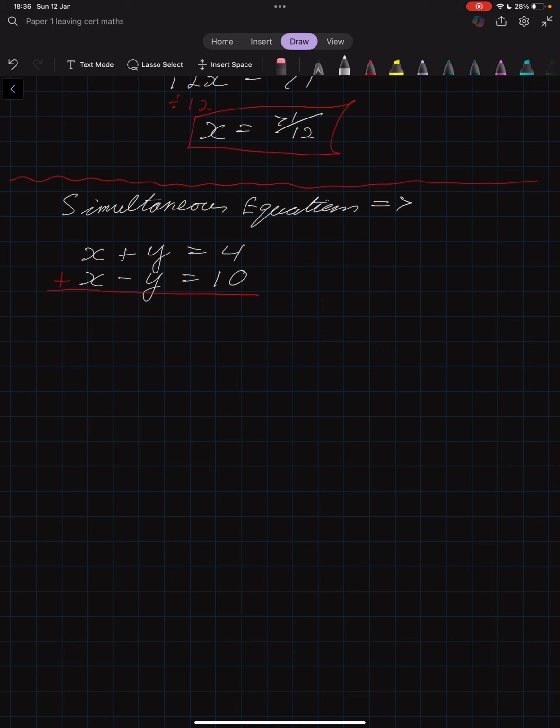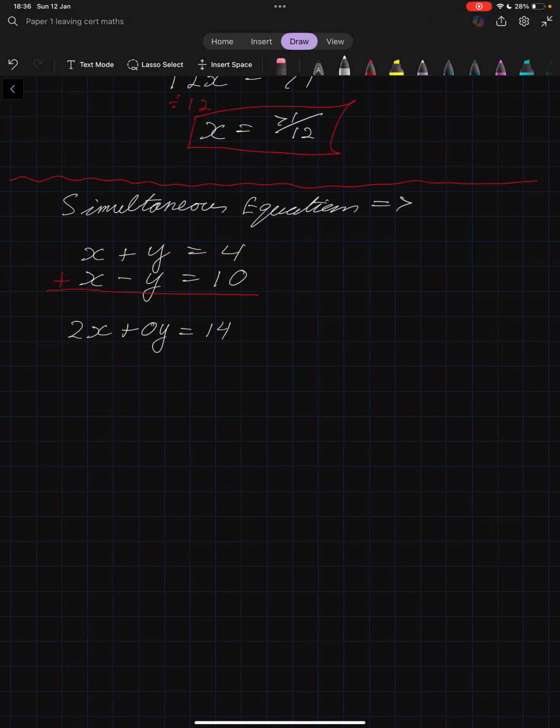You could also minus here, because x minus x is 0, and then your x's would disappear. But I'm just going to add. It's completely up to your preference. It does not matter which you choose. You'll get the same answer. So if I add, I get 2x plus 0y equals 14. So I get 2x equals 14.